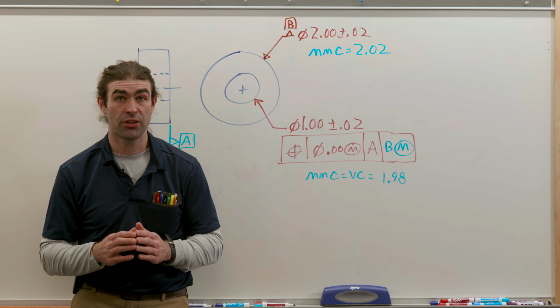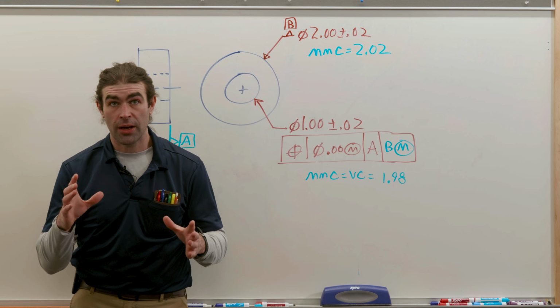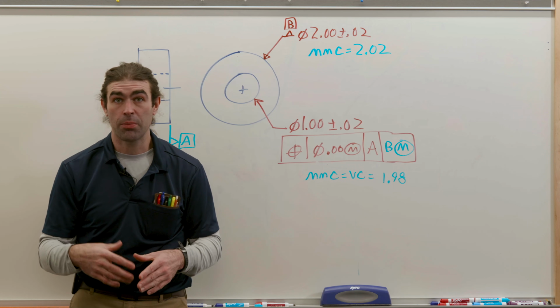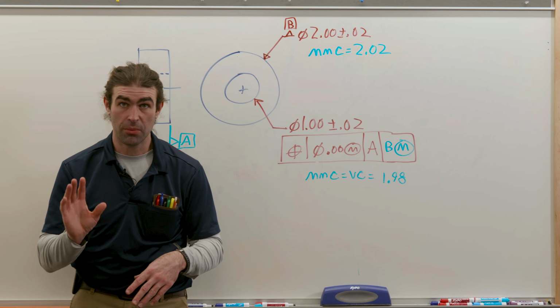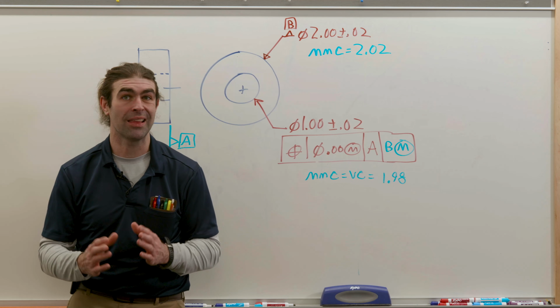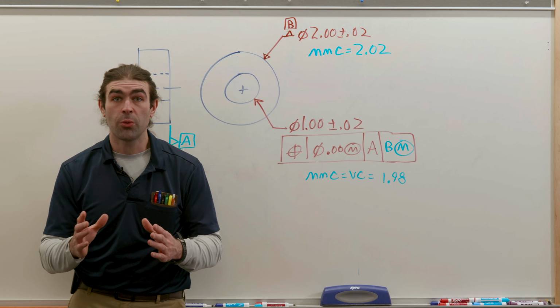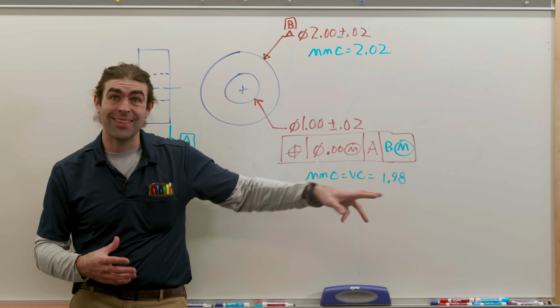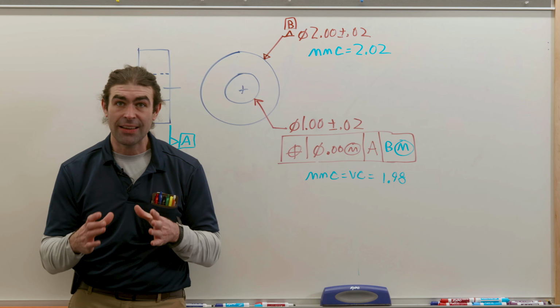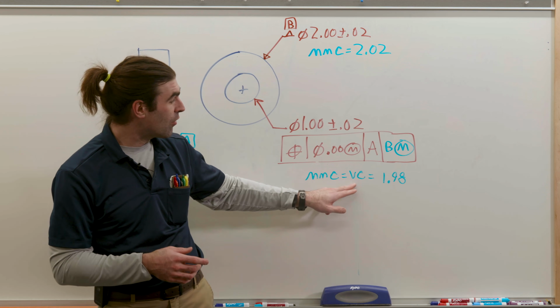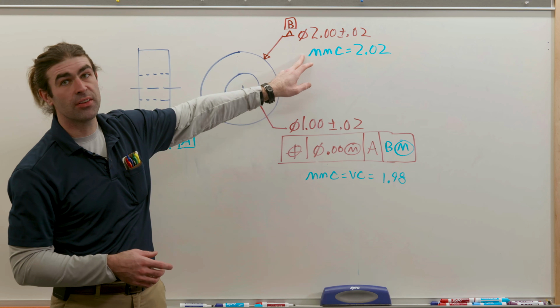You don't have to do this. You could inspect it with a closing shape, just like an RFS inspection. But you could also measure it with a fixed gauge. So what this is saying is that you can check it at the MMC or virtual condition of this feature.